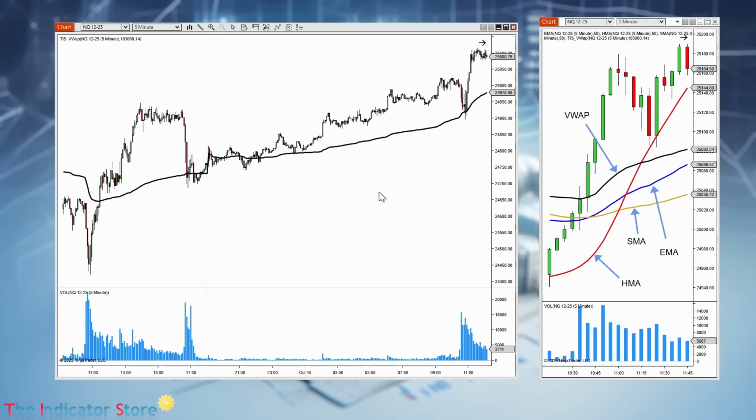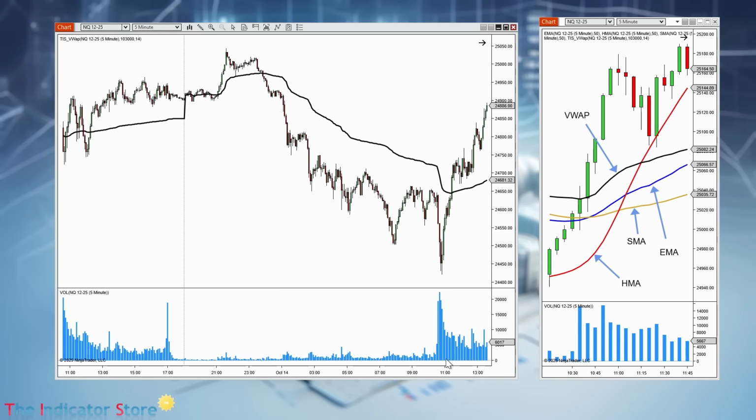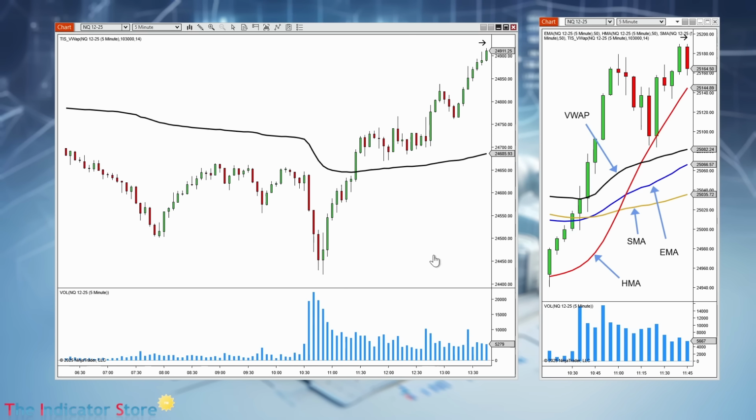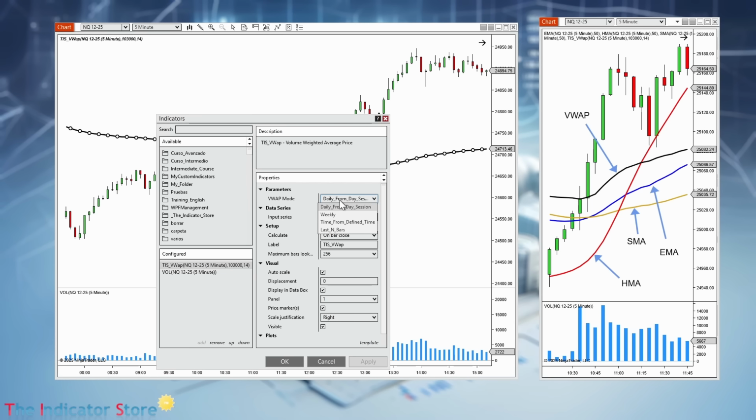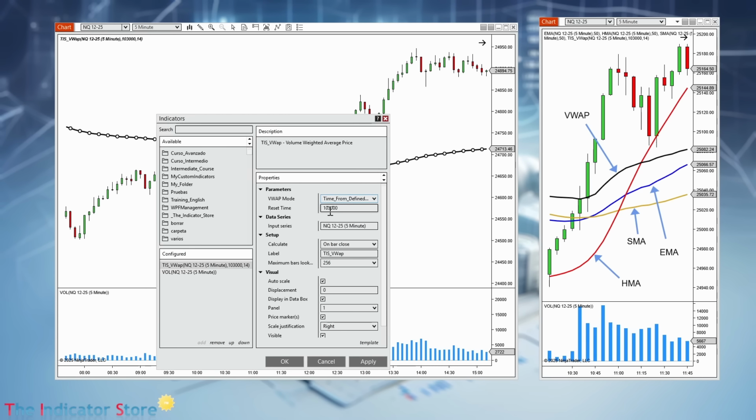Another thing that we can change is, what if I want to start the reset at my local time, because then we get different results. So I want to start the reset at 10:30. So with the indicator, we can also change the time to 10:30, for example.